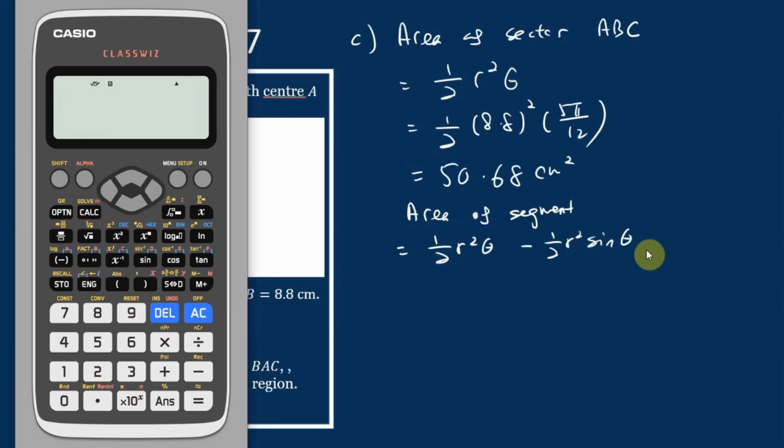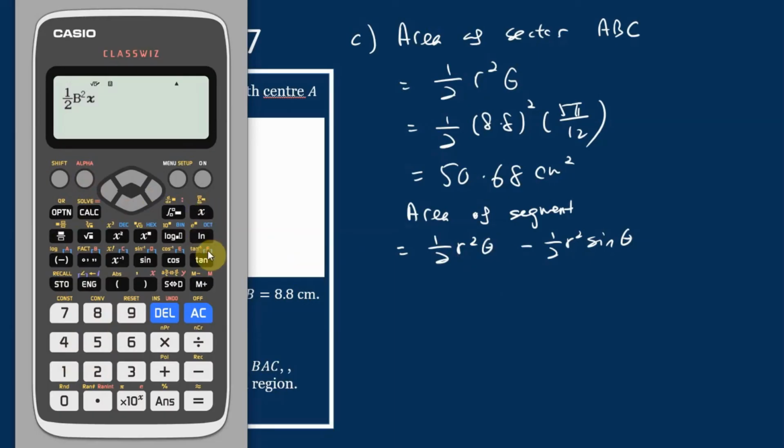Let's key in these expressions into the calculators. 1 over 2, and then r squared. Now we don't have the r letter here, so let's use B for our radius. So alpha B, and then square, and then the theta. Let's use X for theta.